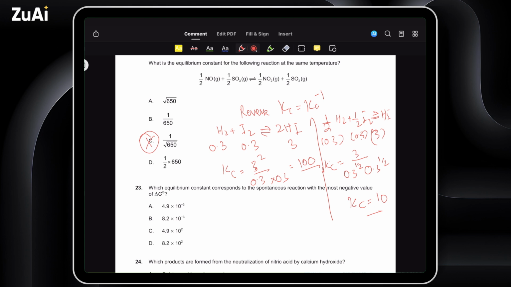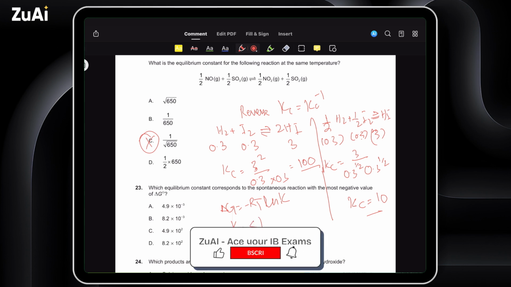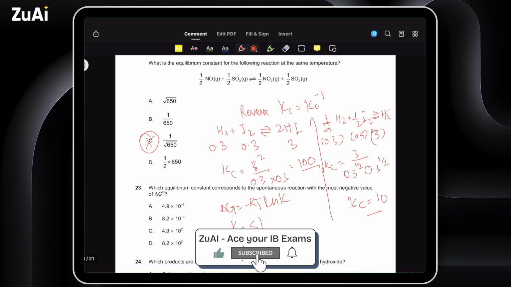Which equilibrium constant corresponds to spontaneous, the most negative value? So delta G is equal to negative RT ln K. If Kc is less than 1, delta G is positive.